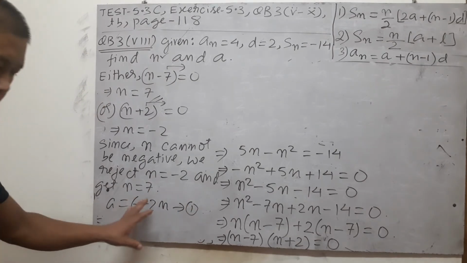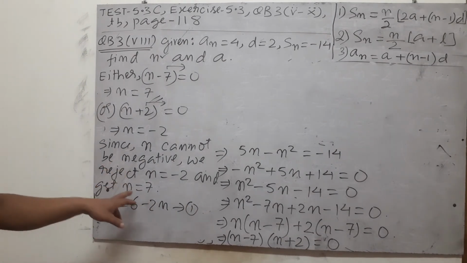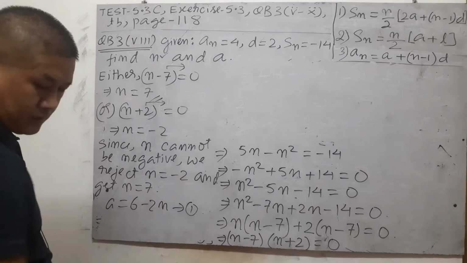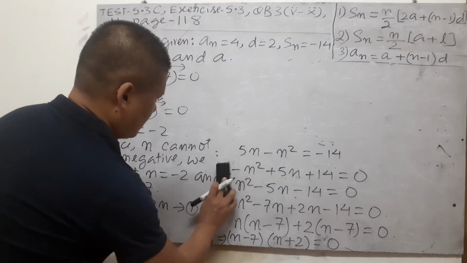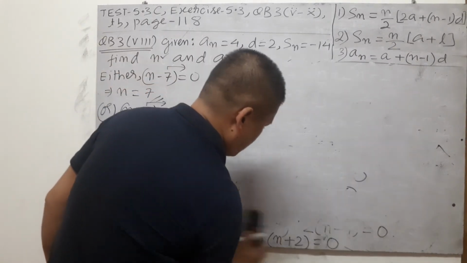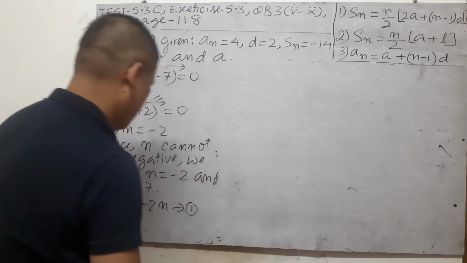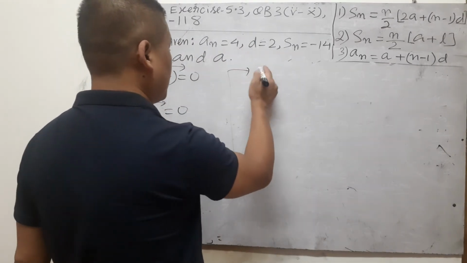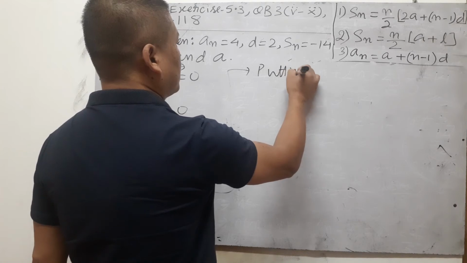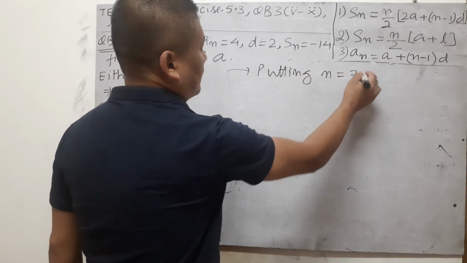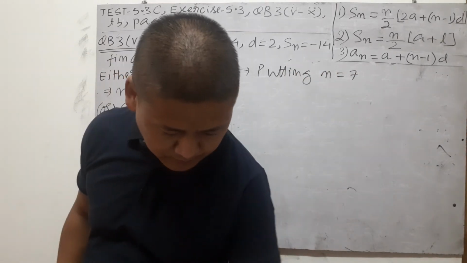So n equal to 7 we got. So after this, you just keep this one here. From here you continue and putting this value n equal to 7. I think it's correct textbook answer.